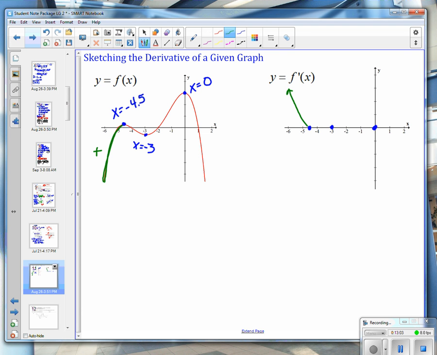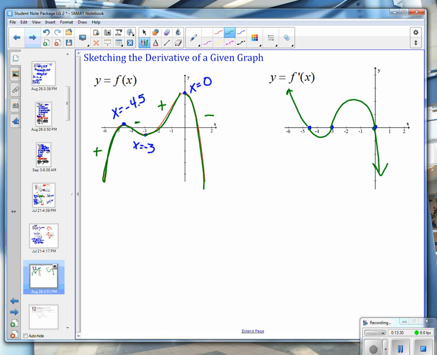The next section from -4.5 to -3, obviously that's a negative, so that means that my graph has to go under my x-axis. In the next section, here to here, I've got positive, so that means that my whole graph has to be above the x-axis. And then the last section obviously is a negative, so it's going to continue to go down from there.